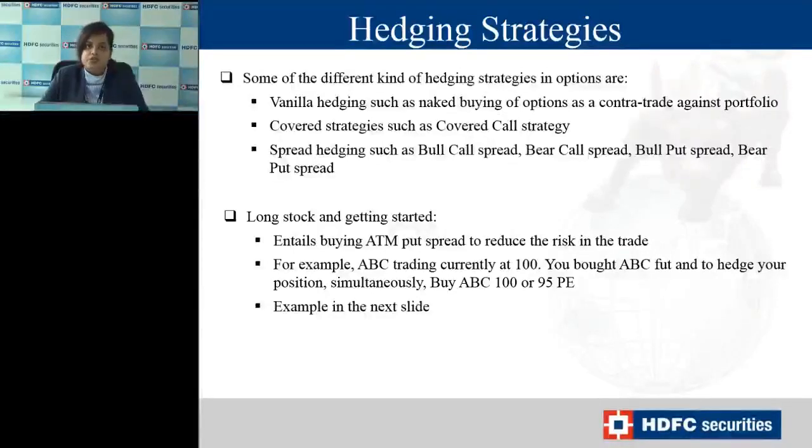So to reduce this risk and to not take that kind of major risk when the markets fall because of some sudden news, we can hedge our positions by buying a put option. This kind of strategy is called a protective put strategy, which I have explained in the next slide. So we'll move on to the next slide.